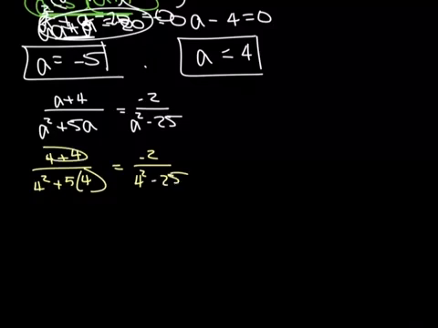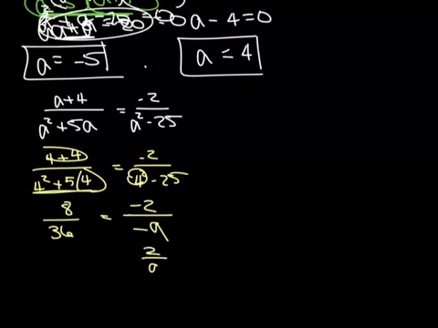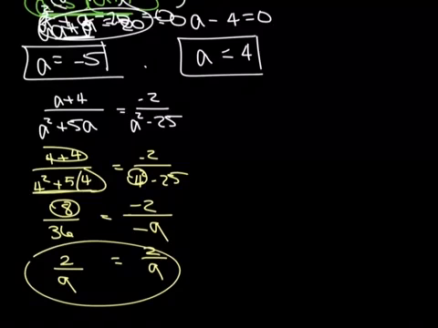Alright, so that gives me 8. This is 16 plus 20. Negative 2. This is 16 minus 25, which is negative 9. So this is actually positive 2/9, a negative over a negative. And this reduces to 4 goes into 8 twice, 4 goes into 36 9 times. So yes, 4 does check.